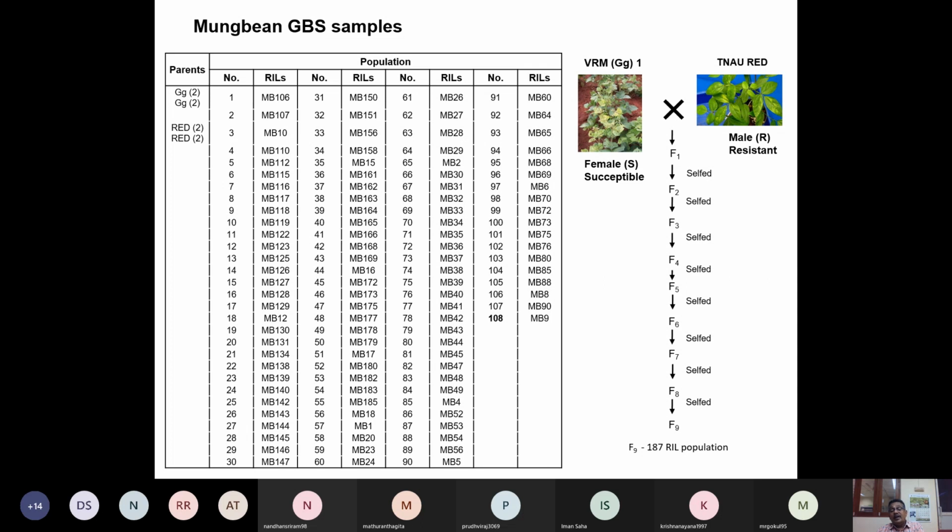We developed around 187 RILs, but we used only 108 RILs for the GBS genotyping. These are the real populations which we used for the genotyping. Here we have the parents TNA red and VRMGG1, along with around 108 different recombinant lines for the mapping studies.